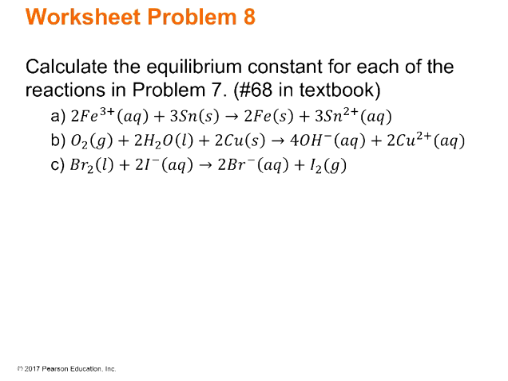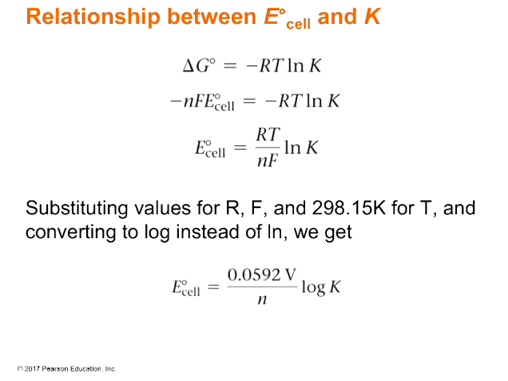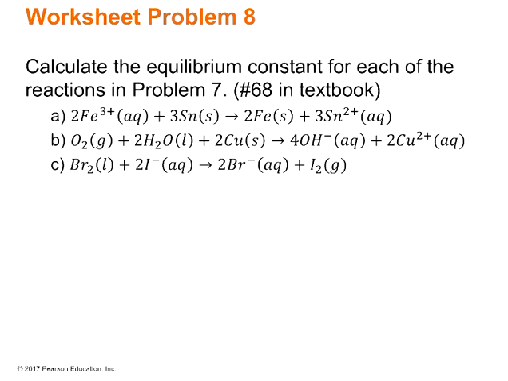So for A, we already calculated that delta G is equal to negative 6 times 10 to the 4th joules.